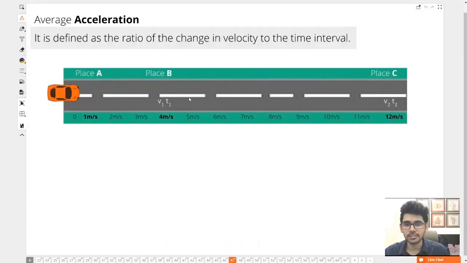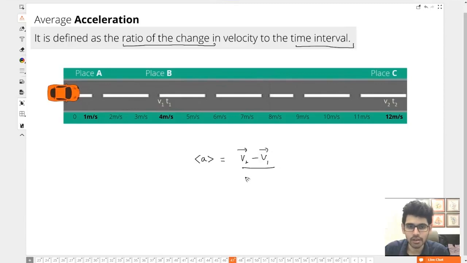So, average acceleration. Now, this is something which we did not do earlier. What is average acceleration? It is defined as the ratio of the change in velocity to the time interval. It is denoted like this. Basically, it is always V2 minus V1, delta V upon delta T, upon T2 minus T1. That means if the car is at place B, from B to C, find the average acceleration. How will you find it?